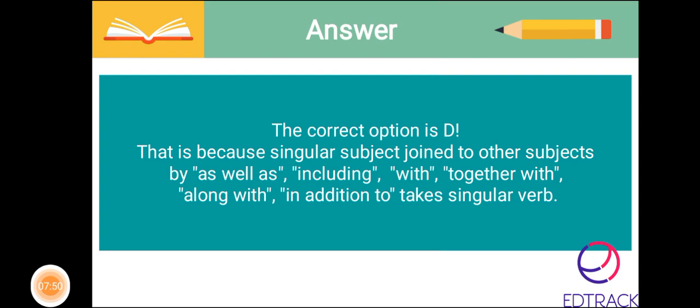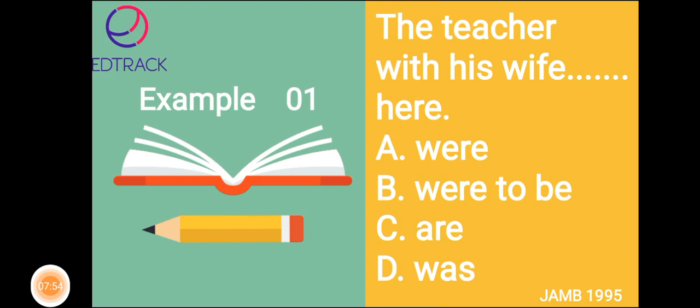So now, looking at this expression, our first subject here is what? The teacher, which is what? Singular. So definitely our verb is going to be singular, and this is why option D is the correct answer.